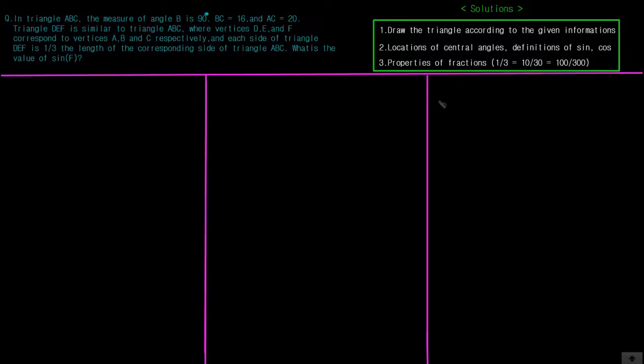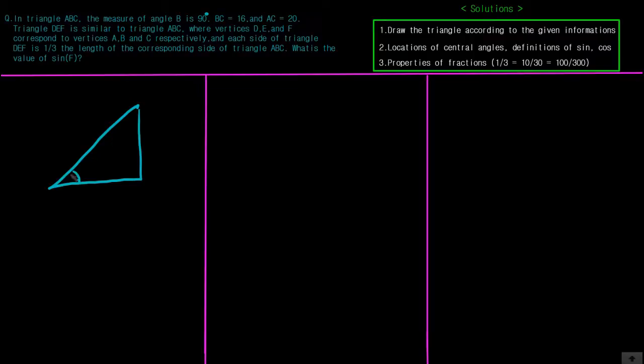Before we think about this question, let's think about our solution steps. In step 1, we need to draw every triangle according to the given information, to be more specific. In the second step, we only have to care about the location of the central angle. Let's say there is a right triangle, and the central angle is right over here.